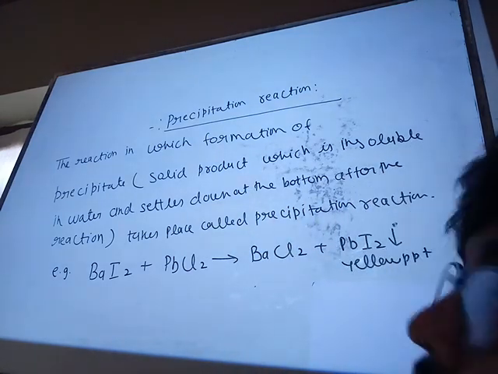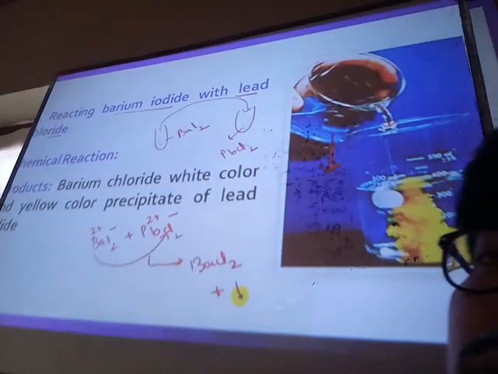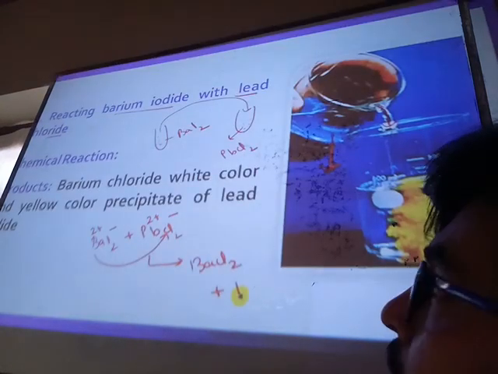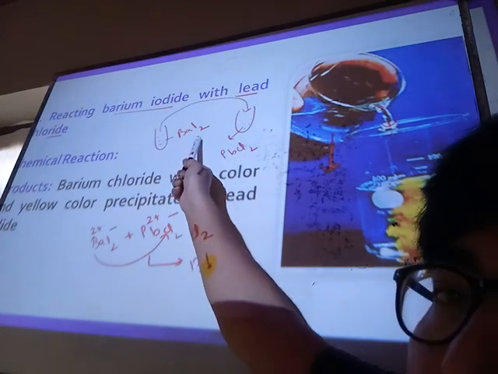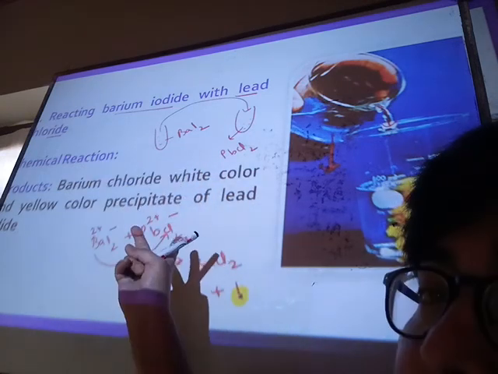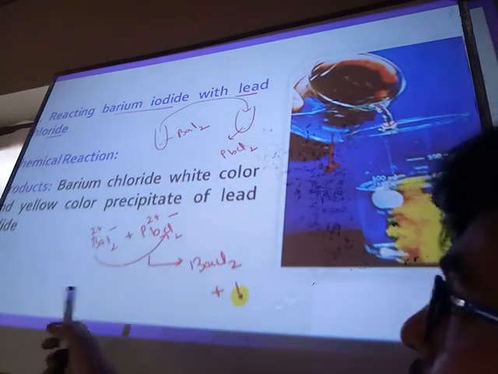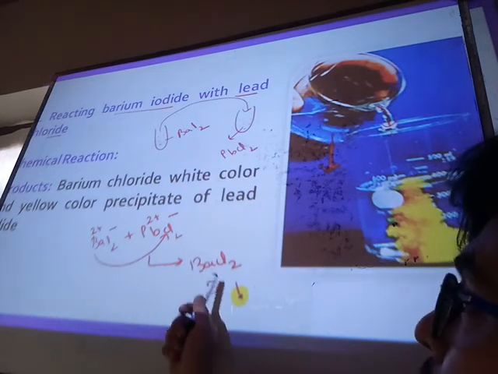And now we'll see the graphical representation over here. When lead chloride reacts with barium iodide, they exchange their ions and form BaCl2 plus lead iodide.